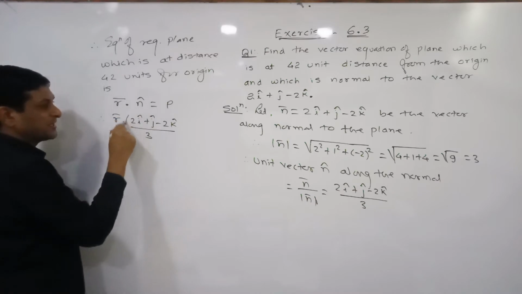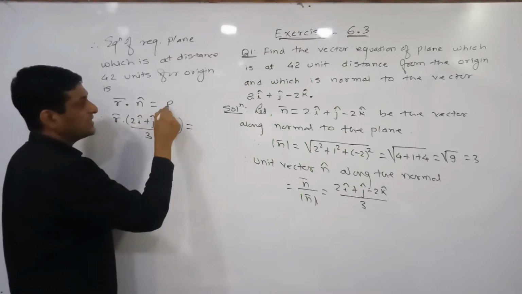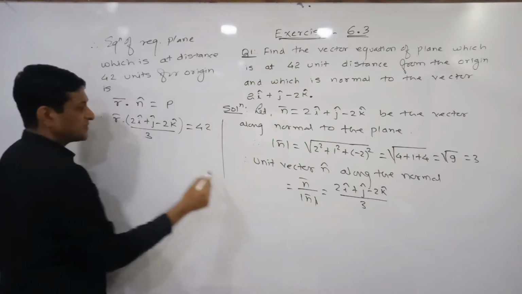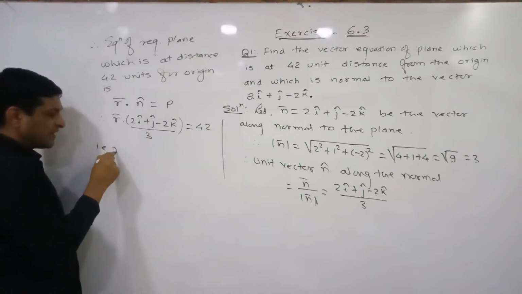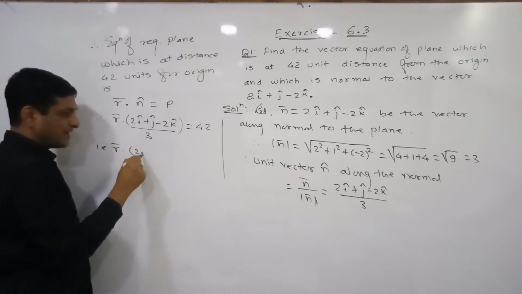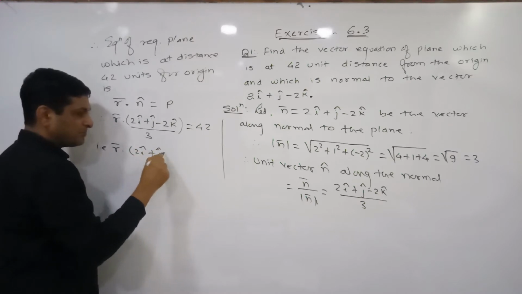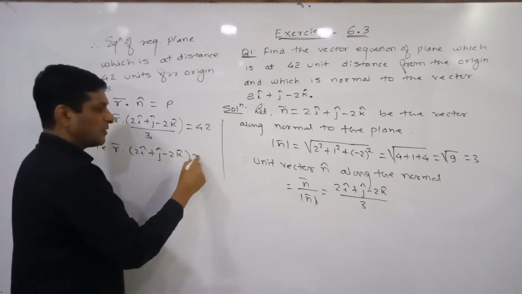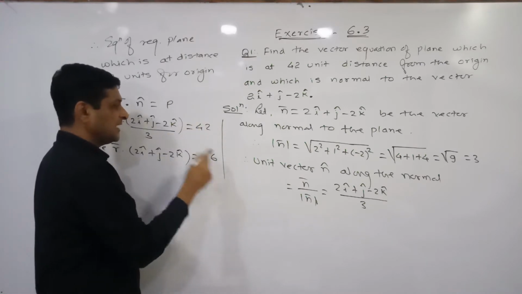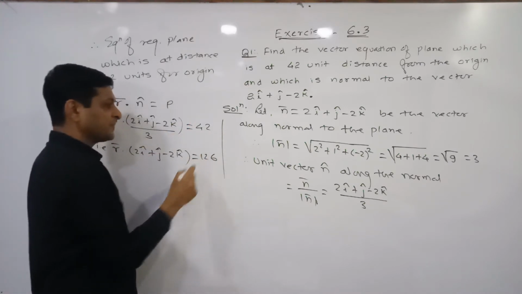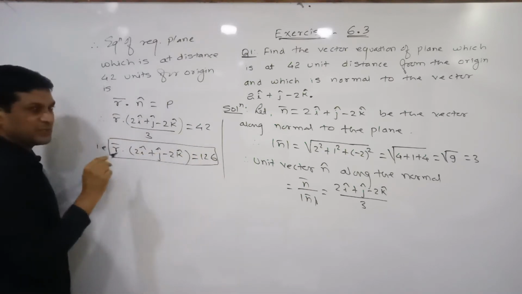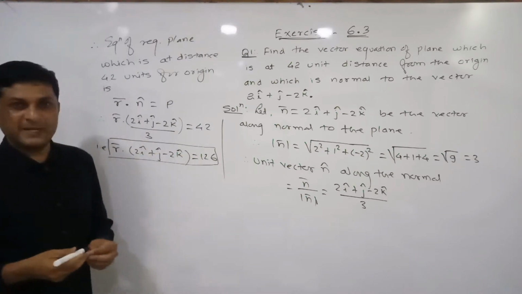Just we have substituted the value of n cap. On this side P means the distance, which is 42. Let us simplify it: R bar dot 2i cap plus j cap minus 2k cap, keep it as it is, and 3 gets multiplied on this side, 3 twos are 6 and 3 fours are 12. So 126. In this way we have got the required vector equation of the plane.